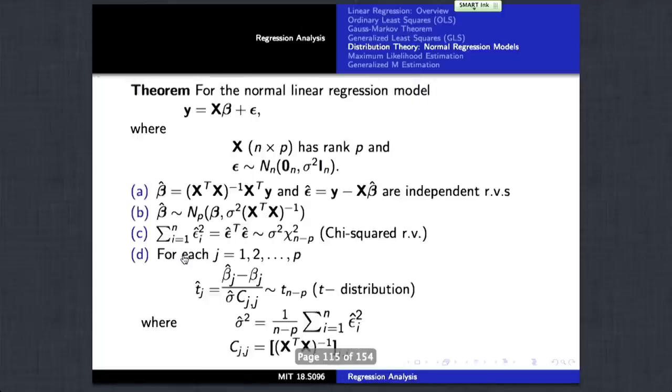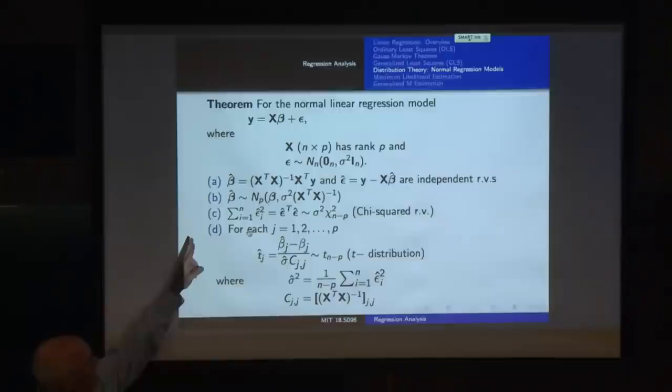This is a very important theorem indicating what is the distribution of the least squares, now the maximum likelihood estimates of our regression model. They are normally distributed. And the residual sums of squares have a chi-squared distribution with degrees of freedom given by n minus p.